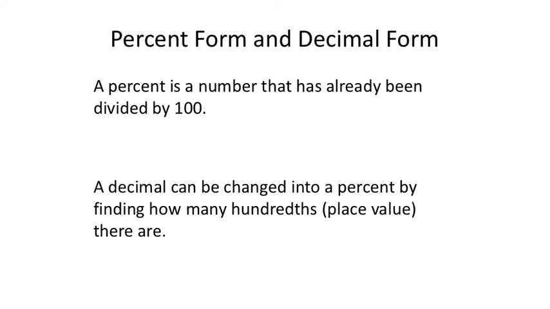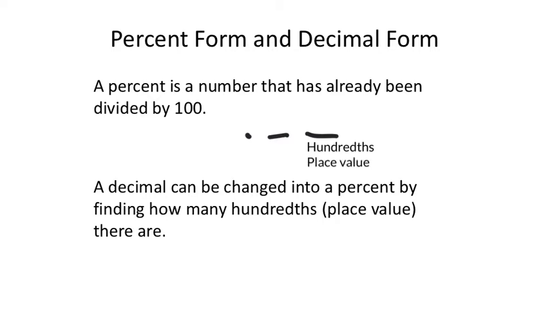All right, so real quick, percent form to decimal form and decimal form. So we know that decimals can be changed to percentages to decimals. Percent is a number that has already been divided by 100, meaning that you're looking at the second place value, right? Because remember, this is per 100, and that second place value right there is what we call the hundredths place value.